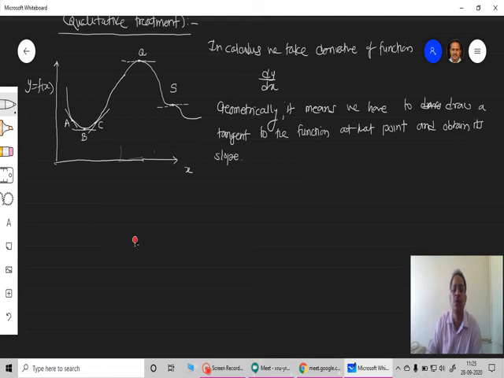Okay, so getting the slope of the tangent and calculating the differential of that function at that point, these are the same thing.